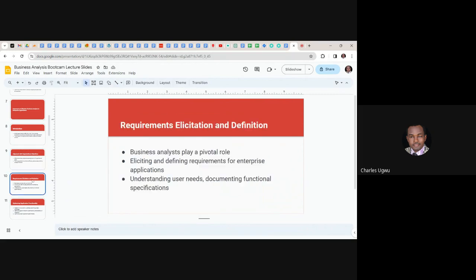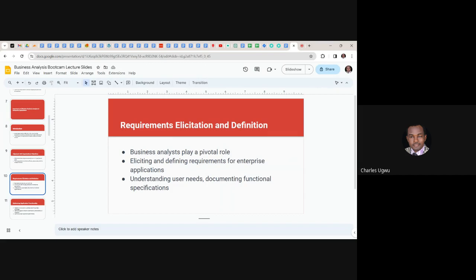Then we'll look at requirements elicitation and definition. Business analyst plays a pivotal role eliciting and defining requirements for enterprise application, understanding users' needs, documenting functional specification.